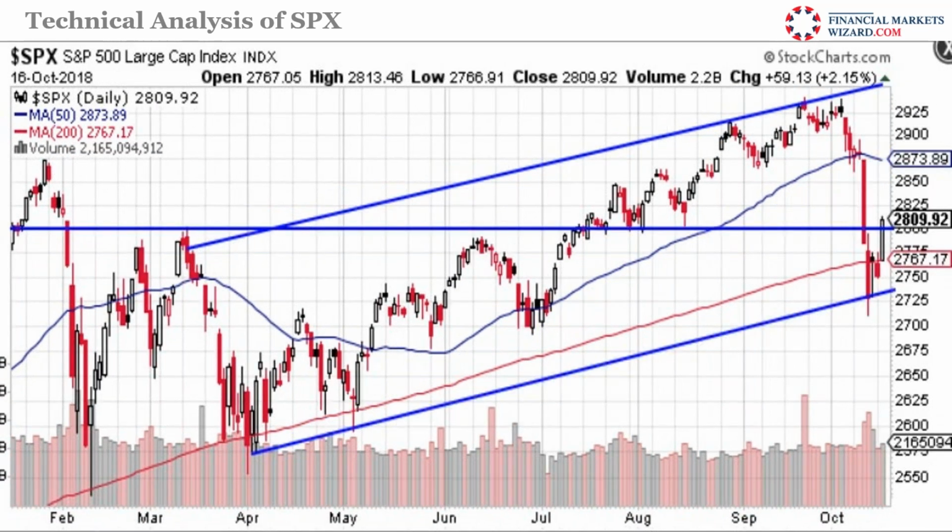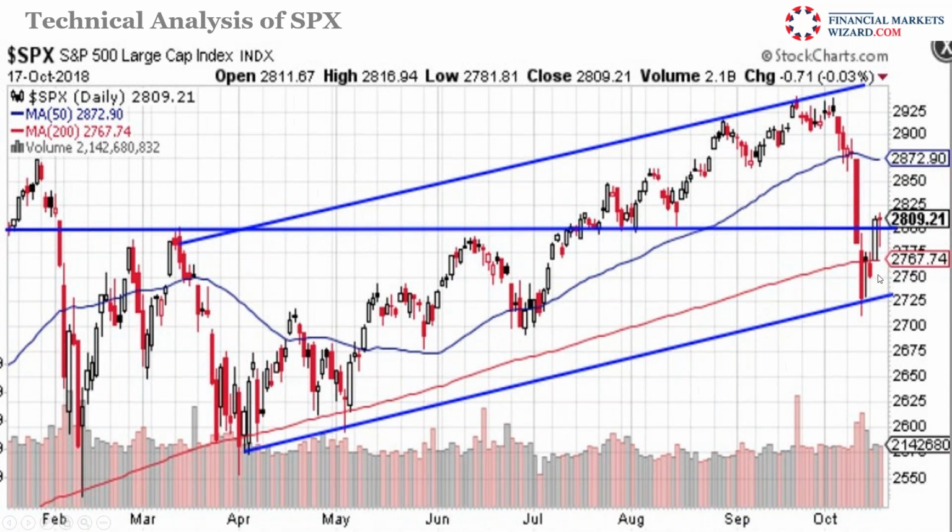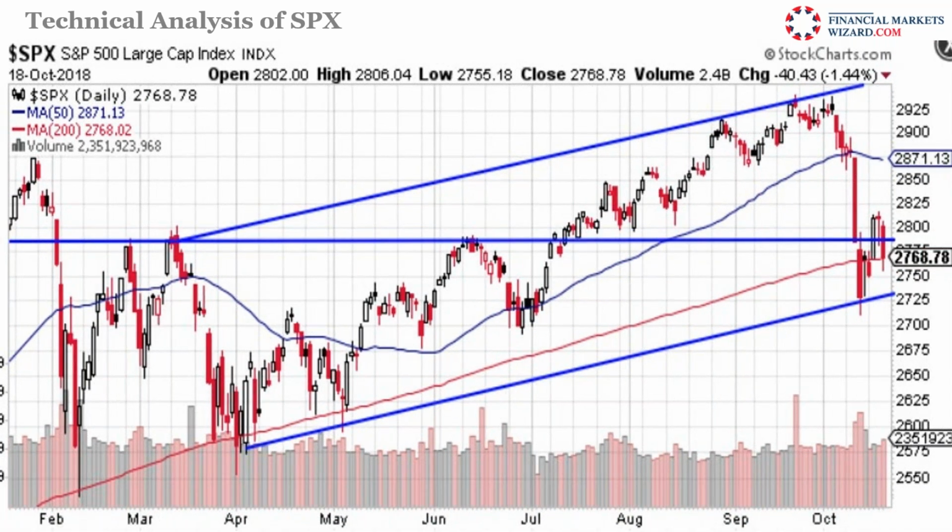Then on 16th of October, just like the Dow Jones, it went up like crazy, 59 points. But after that, it has given back everything. So now 2725 is the support. It can come down to this support, which is 2600. This is a big support right here at 2600.